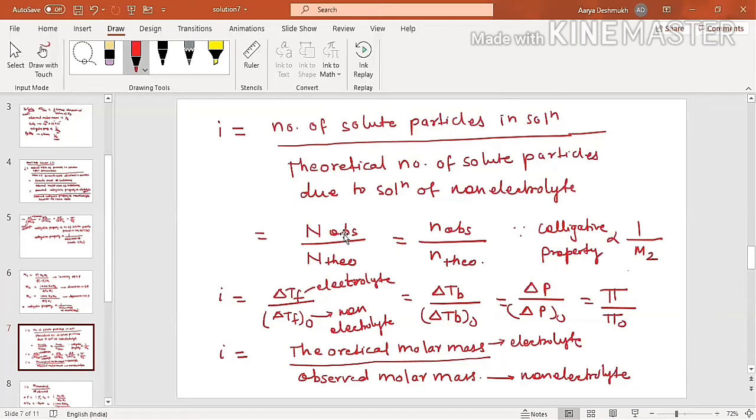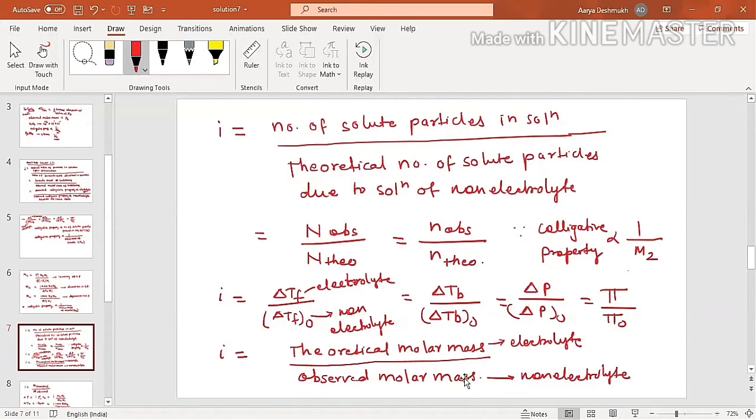It means n observed divided by n theoretical, the number of particles. Small n means number of moles. And we know this thing, colligative property is inversely proportional to the molar mass. Now you can write here i equals theoretical molar mass divided by observed molar mass.